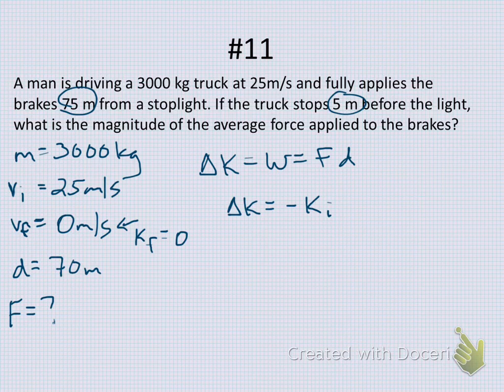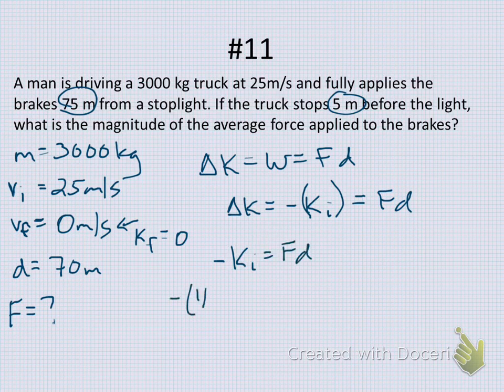If Kf is 0, it's 0 minus Ki. So we can drop the 0 and just call it negative Ki. What you have to remember is that it isn't the velocity that you're squaring that becomes negative, it's the whole value that we make negative after we've computed everything within that value. So our change in kinetic energy is equal to negative Ki, which is therefore equal to Fd.